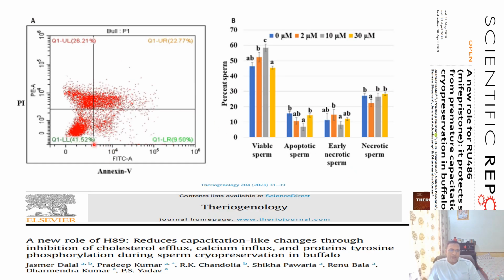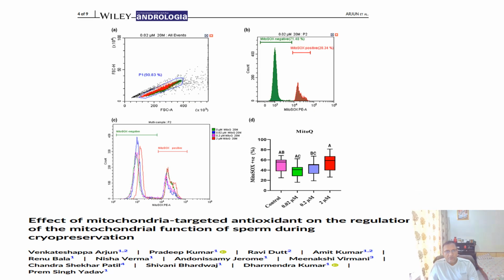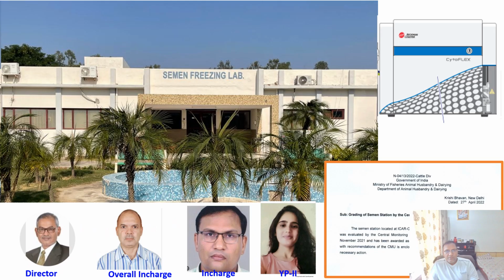Similarly, we published in Scientific Reports only this data, and the rest of the data we provided in the supplementary figures and tables. So this way we can analyze the samples.